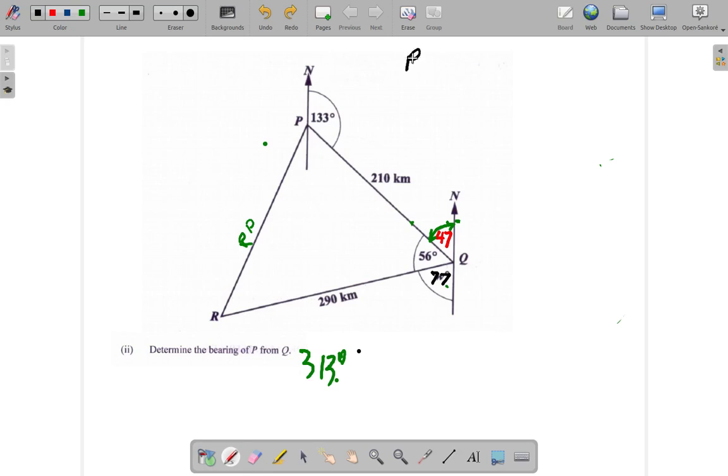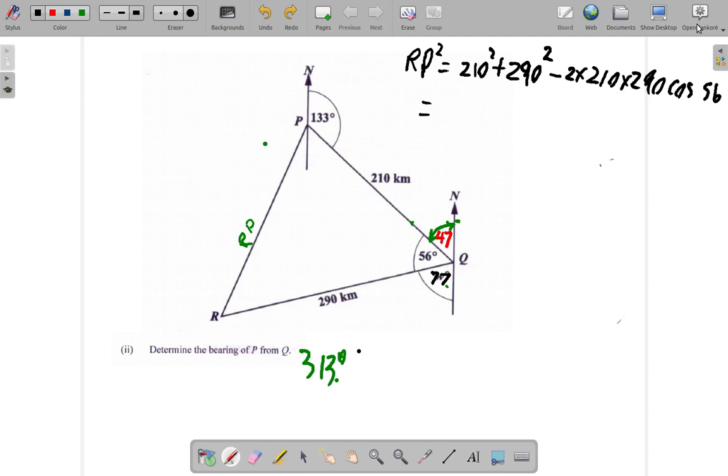So RP squared, the side that you want, is equal to one of the other sides, in this case 210 squared, plus the next side squared, 290 squared, minus 2 times one of the other sides, 210, times the other side, 290, cosine of the angle opposite to the side that you want, cos 56. Good. So let's work it out.